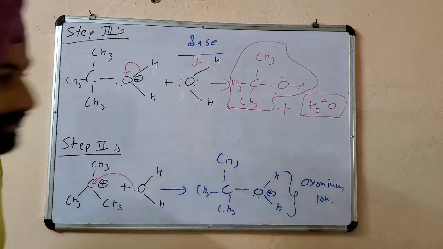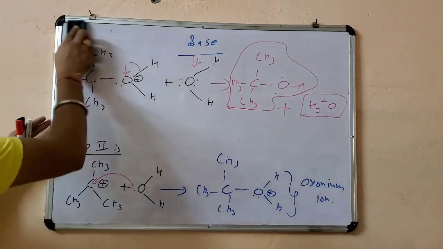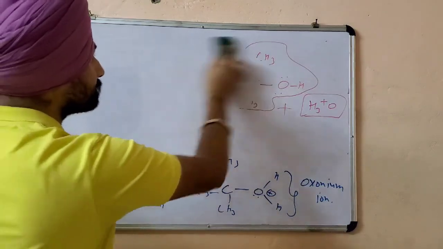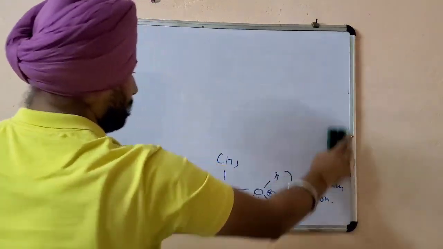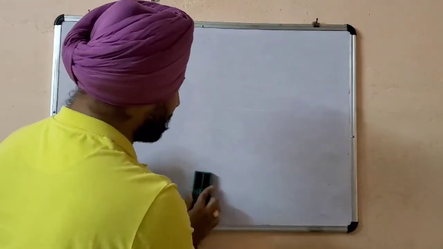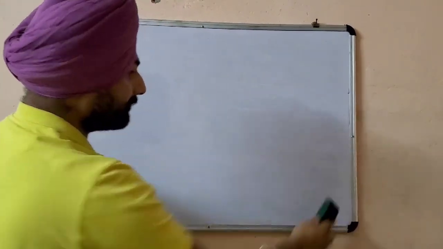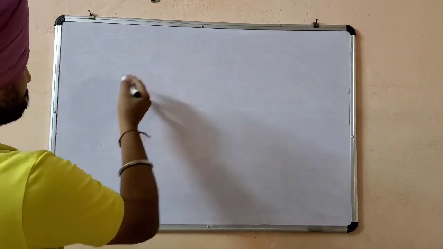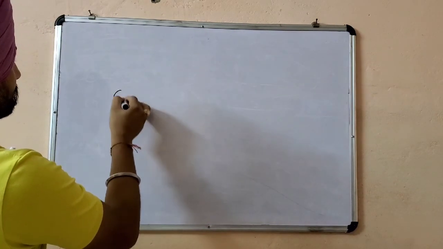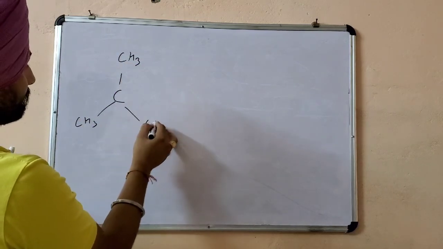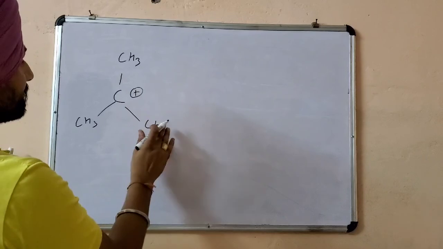Now the stereochemistry of the SN1 mechanism. Stereochemistry is very important and interesting also. In the SN1 mechanism, the sp3 hybridized carbon at one state is converted to an sp2 hybridized carbon. Suppose this is a carbon with CH3, CH3, CH3, the intermediate state form.